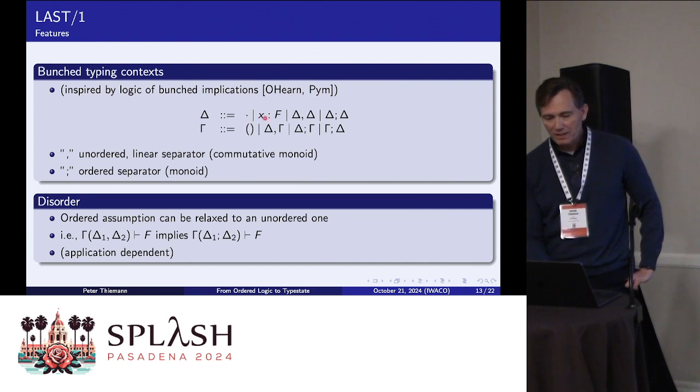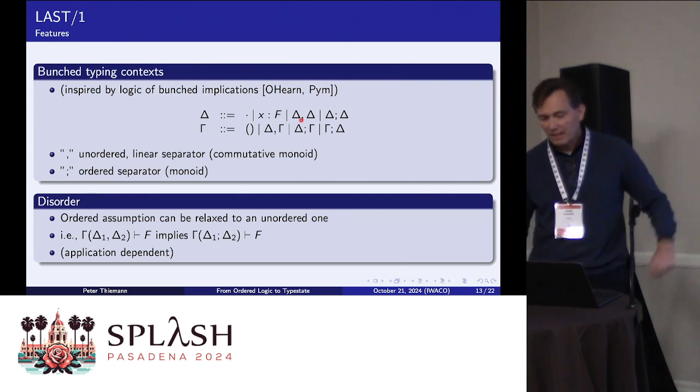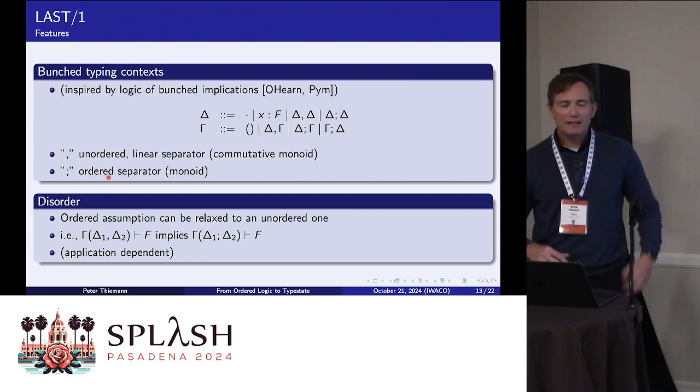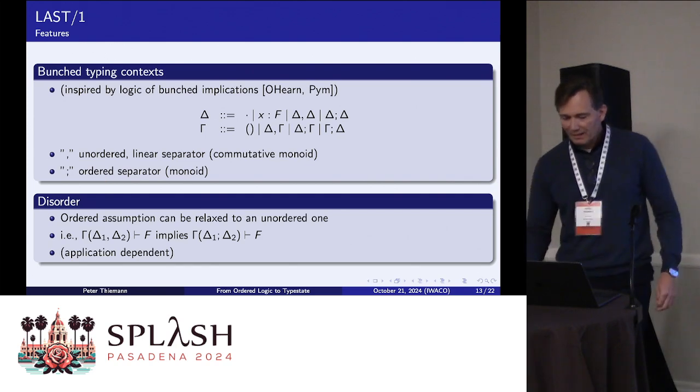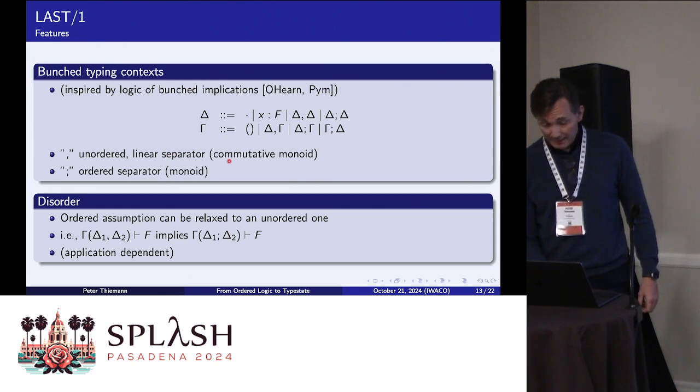So it can be empty, it can be a single assumption, or you can have two different context formers that concatenate or separate different contexts. And in this case, you have one that's unordered, that's the comma and linear, and you have an ordered separator. And that's kind of the less pleasant thing if you work with that in a proof or something. These guys have a non-empty theory.